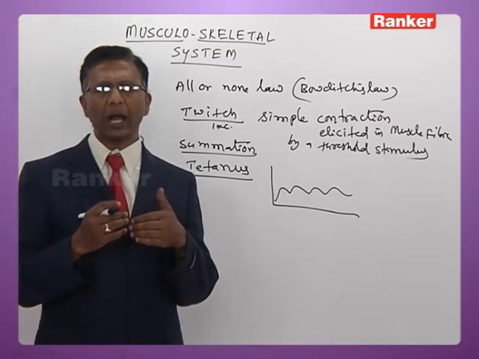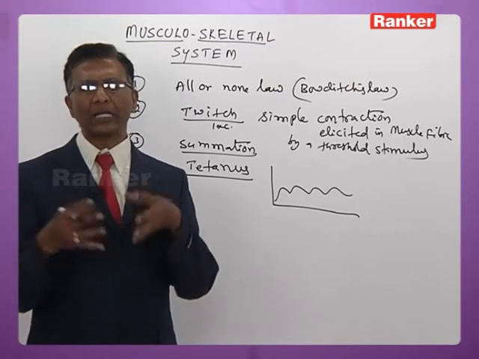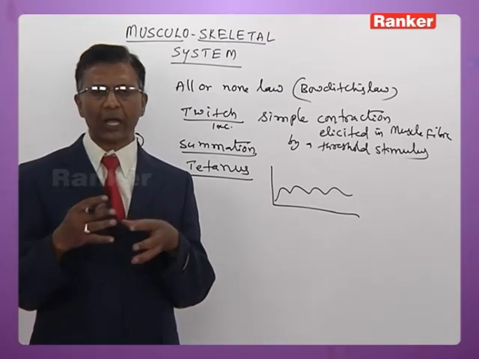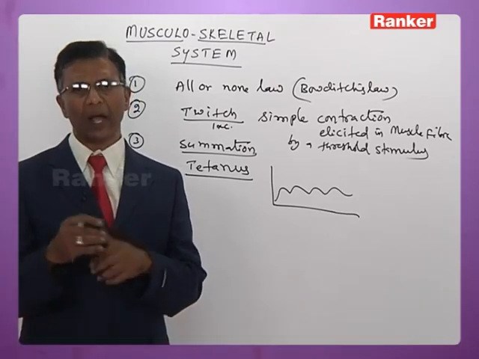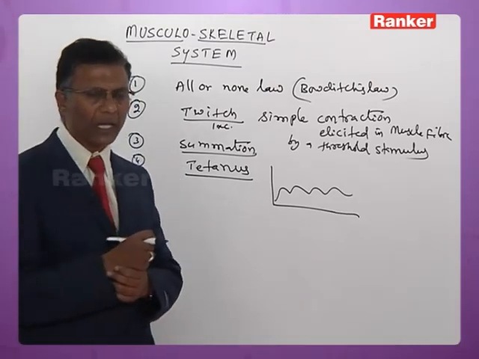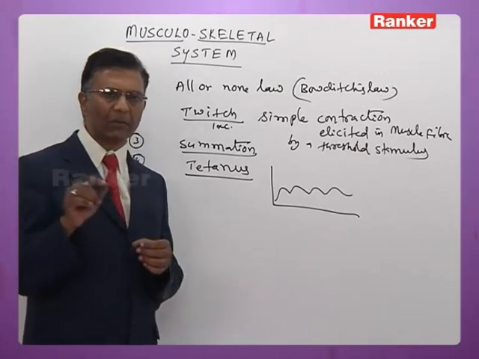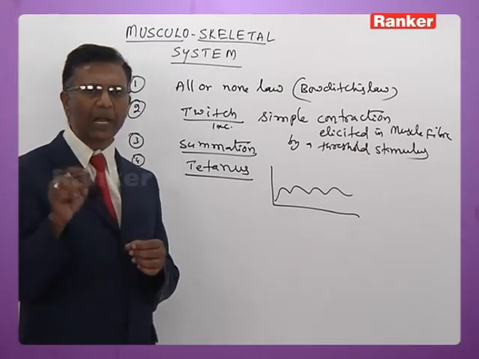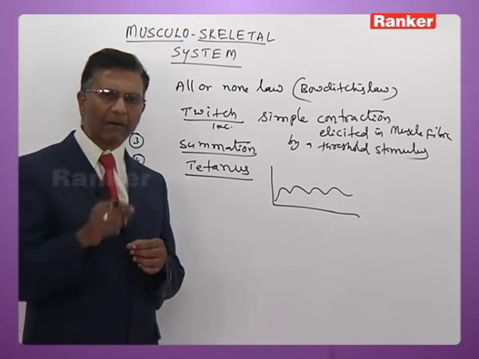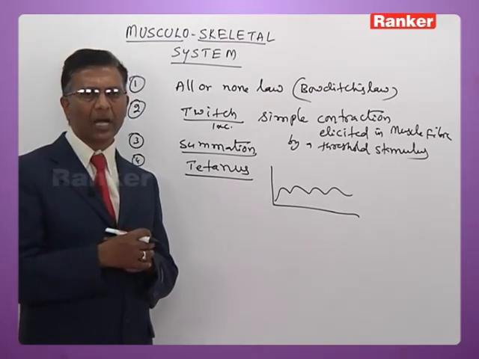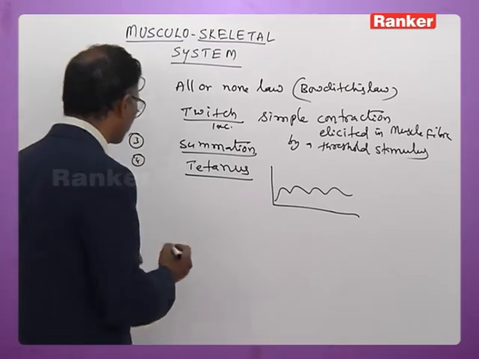When many stimuli are given, several motor units take part in contraction. As a result, a high rate of contraction and high tension is noticed in that particular muscle. So sustained contraction of the muscles by giving repeated stimuli without much gap one after the other, involving several bundles of muscle fibers, is called tetanus.